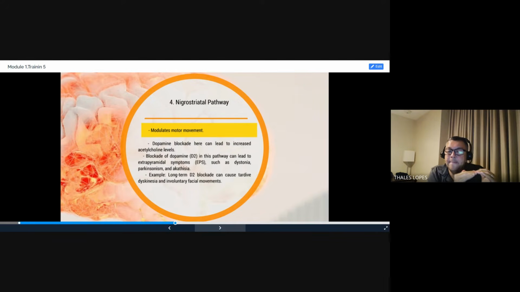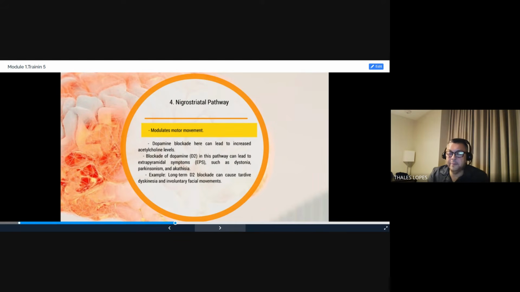When you have a blockade of dopamine in this pathway, it can lead to EPS, extrapyramidal symptoms, such as dystonia, parkinsonism, akathisia, and TD, for example. When I say blockade here, I mean the receptors are blocked, meaning less dopamine can go into the receptor, and acetylcholine is increasing.